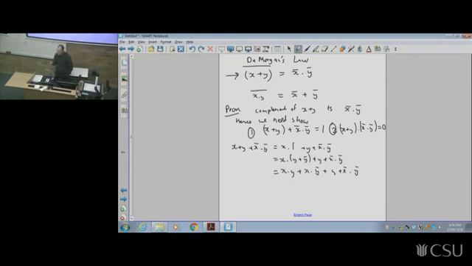Basically what I have to do is split this term up so that I've got these terms combining together. I can see these two terms are going to combine. Both have a y bar, so I can factorise that y bar out.